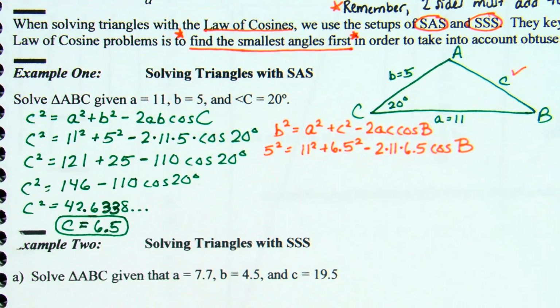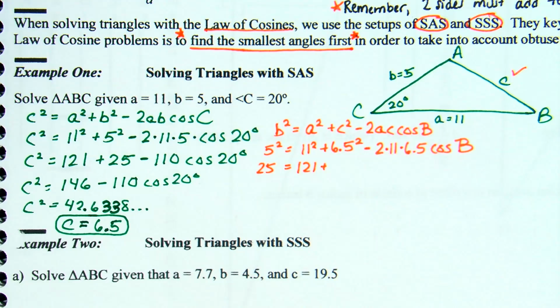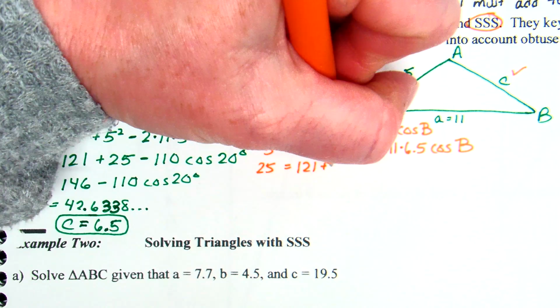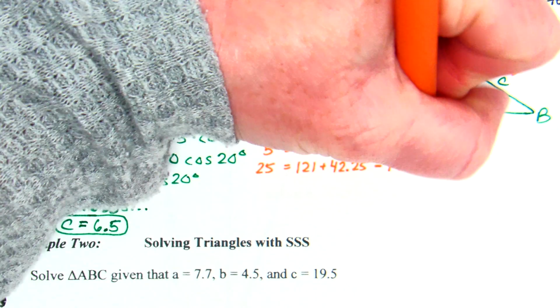Let's go ahead and get some of these numbers, and then we'll talk about what to do. 5 squared is 25 equals 11 squared, 121, plus 6.5 squared, 42.25, minus, go ahead and multiply 2 times 11 times 6.5, if you will, 143 cosine B.